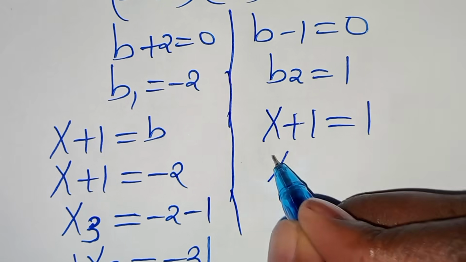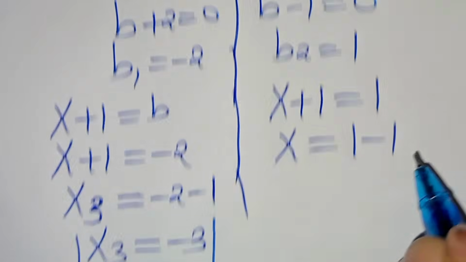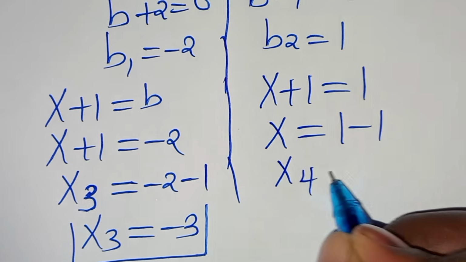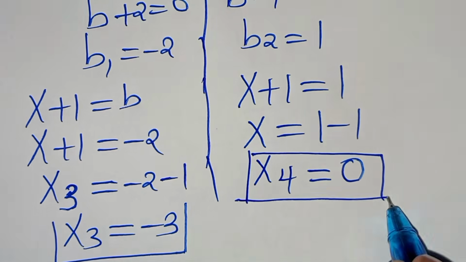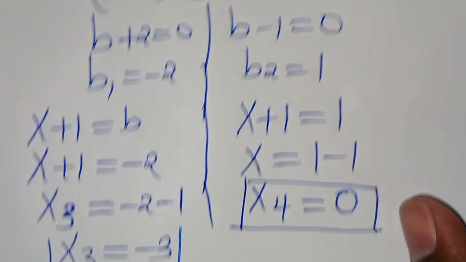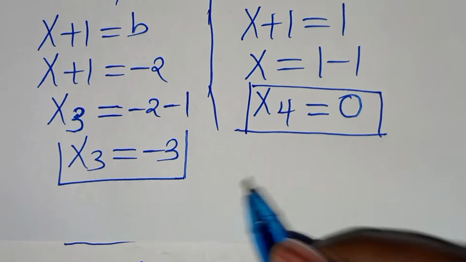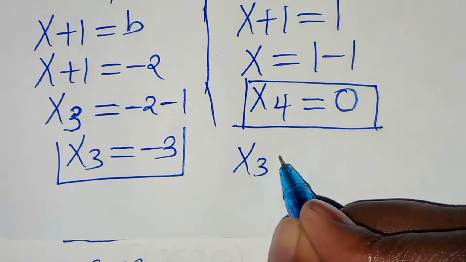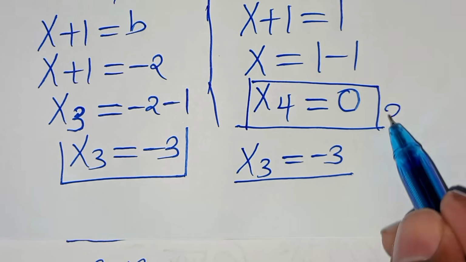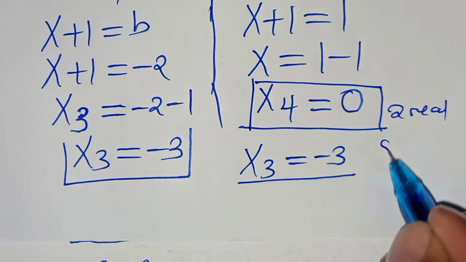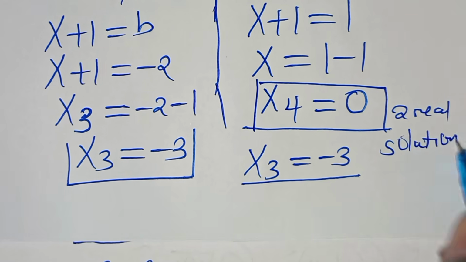Then this means that x is equal to 1 minus 1, and this means that x4 is equal to 0. So this is the fourth solution here, and you find that x3, which is minus 3, and x4, these are two real solutions.